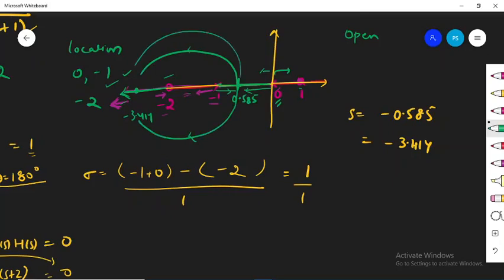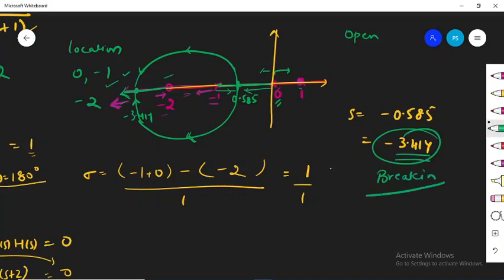Both could have gone otherwise, but one goes to this side and one to that side because you have to remember root locus is always symmetric about the real axis. So if you are doing something on the positive side, the same thing you have to do on the negative side, and the symmetry will always be maintained. So one will move towards the positive side, another towards the negative side, and then using this imaginary path they move, and then they go to the second point that you got. This is actually the example of a break-in point.